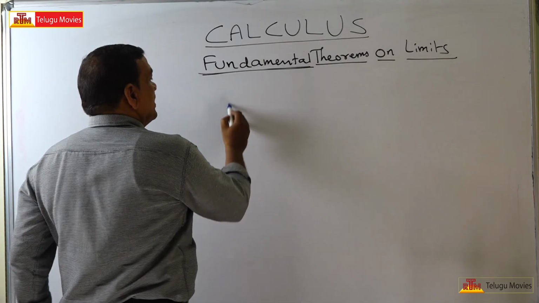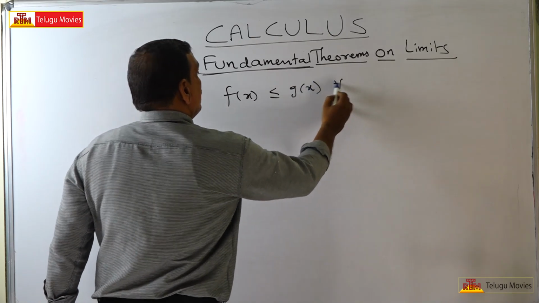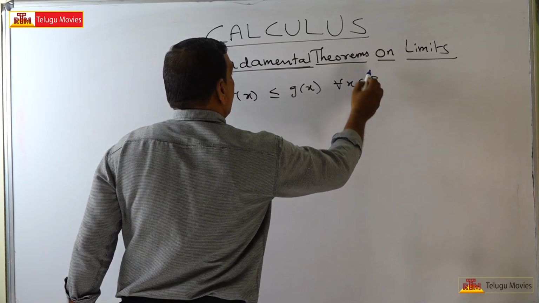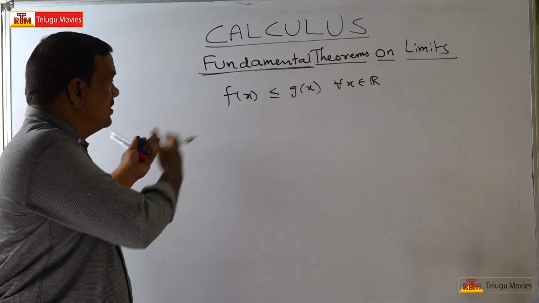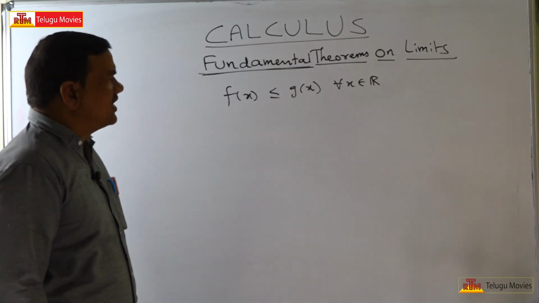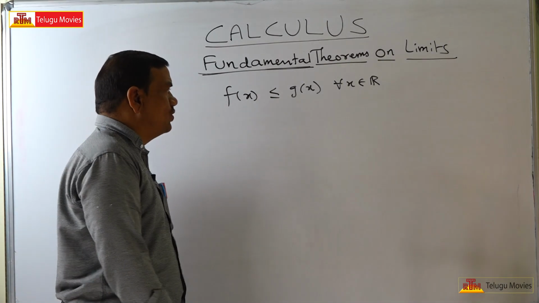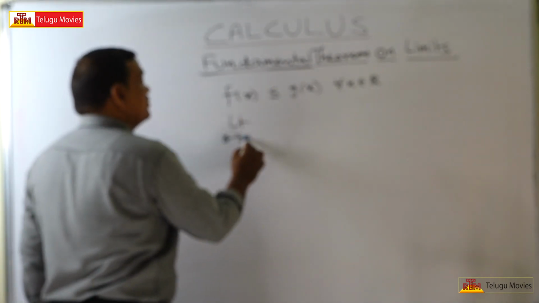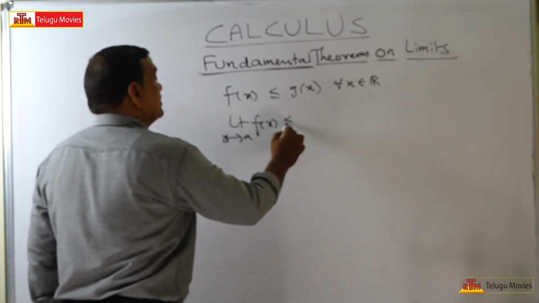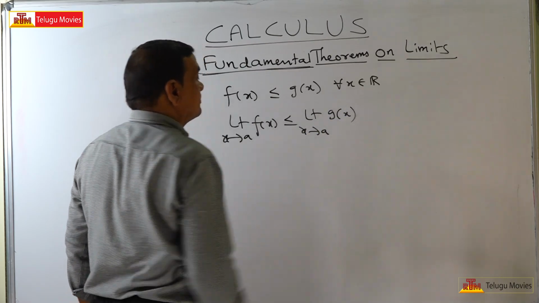For example, f of x is less than or equal to g of x for all x belonging to the domain. That means for whatever domain the functions are defined on, if f of x is less than or equal to g of x, then also limit as x tends to a of f of x is less than or equal to limit as x tends to a of g of x.